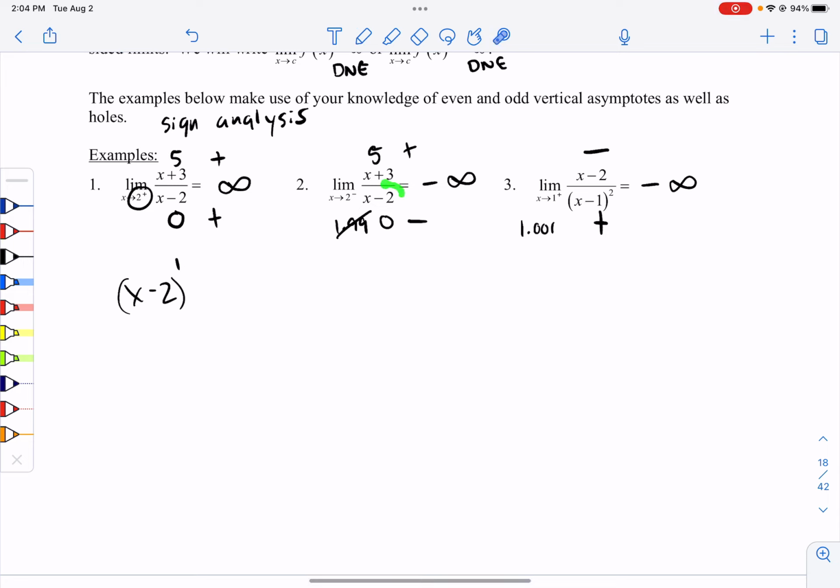And if I do the same thing right here, technically there's an exponent of 1 right there. So that means that my vertical asymptote is going to be an odd vertical asymptote, right? Because I only have an exponent of 1, an odd number. So whatever's happening on my graph, it's going different directions at that asymptote. One side it's going up, one side it's going down, okay?